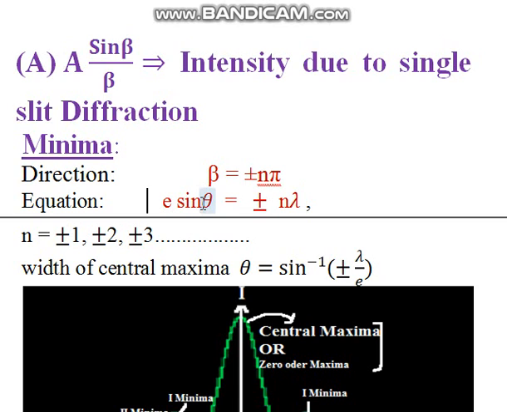That equation is e sin theta is equal to plus minus n lambda. Here n is equal to plus minus 1, plus minus 2, plus minus 3, and so on, but never n equal to 0, because if we put n equal to 0 in this equation, it will give theta equal to 0, but theta equal to 0 is the direction of the central maxima. So these are the equations for the minima.